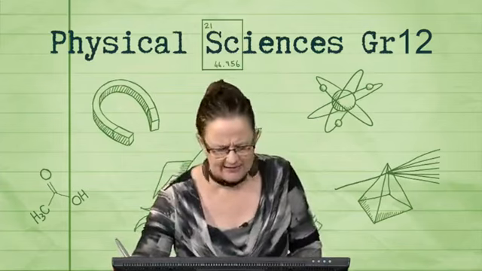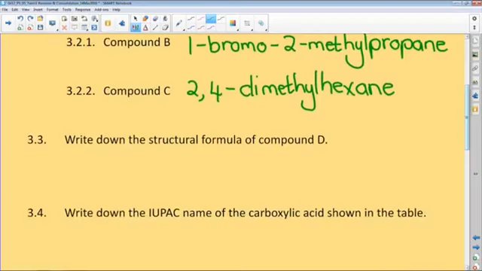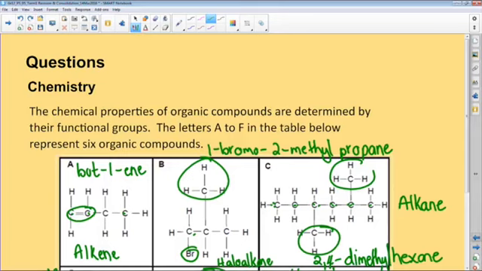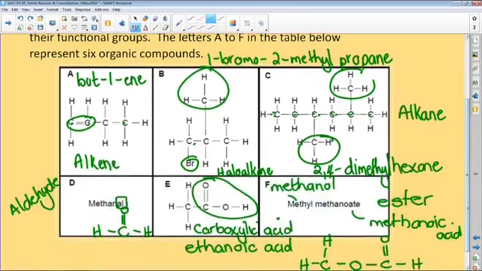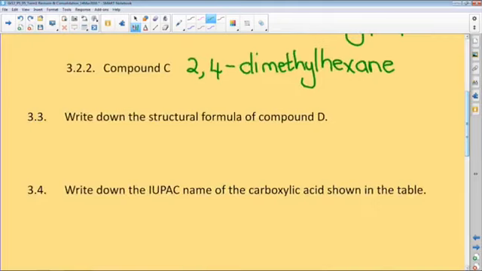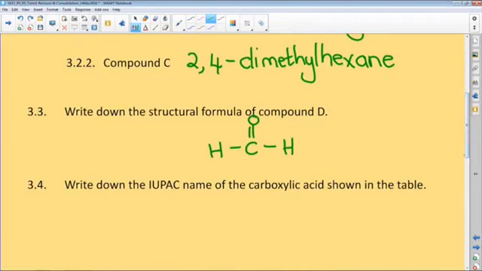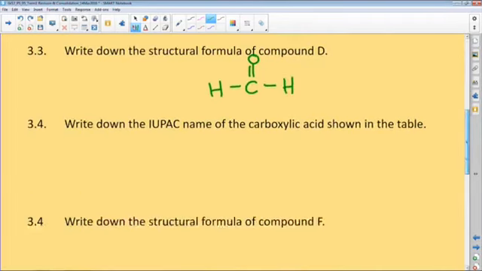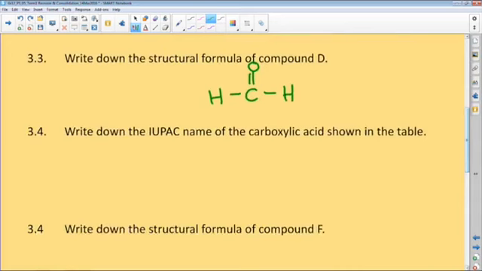Now they say write down the structural formula of compound D. Let's go back to D. Oh, look, it was the methanol. We've done it. Don't even have to think about it. So now we just do it neatly. So we go methanol. There we go. There's my methanol. And then they asked me to write down the name of the carboxylic acid shown in the table.